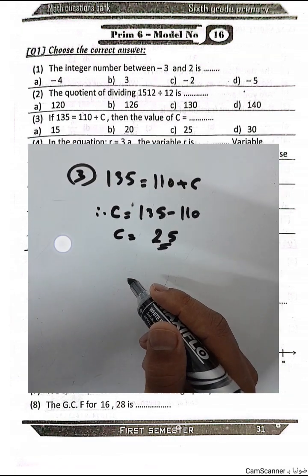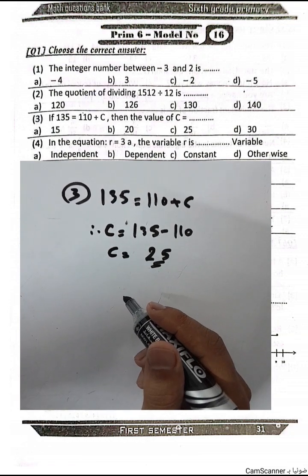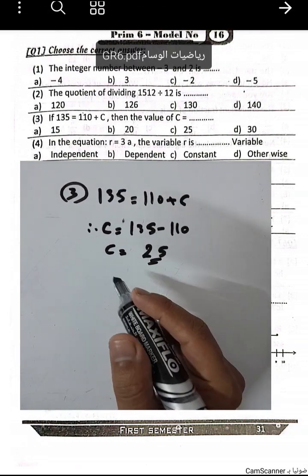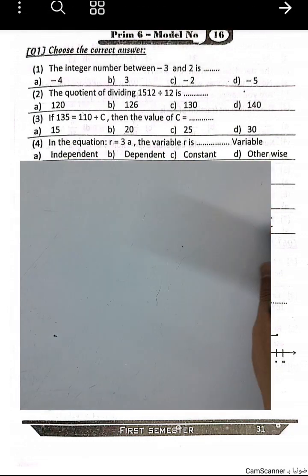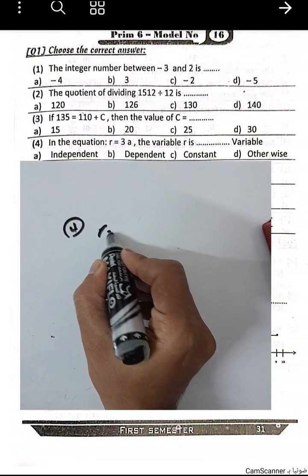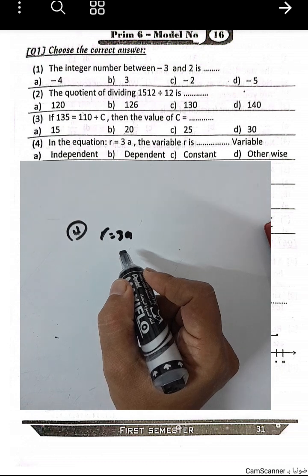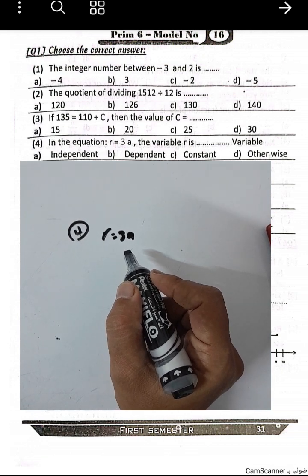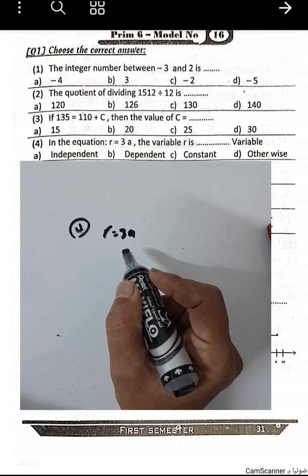Question number 4. In the equation R equals 3a, the variable is what?